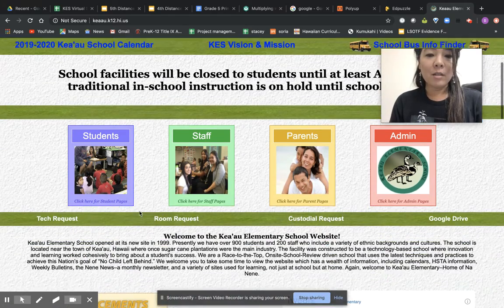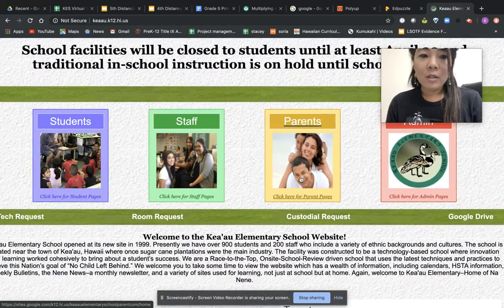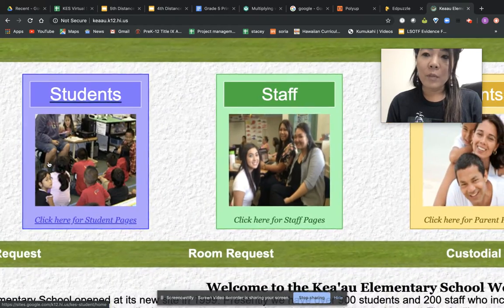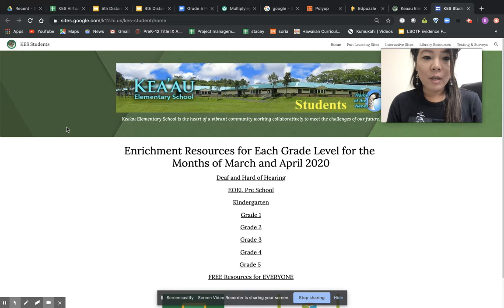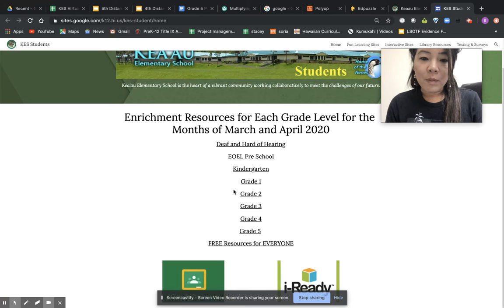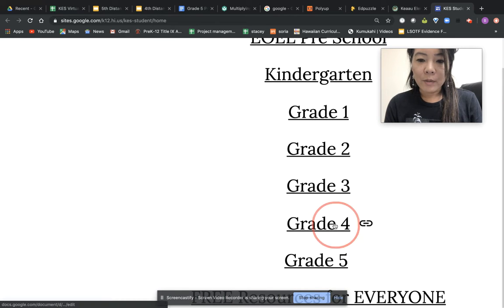You can access all of our information on either the parents page or our student page. So I'm going to go ahead and click on our students page. And here you can see a site full of resources broken down by the different grade levels. We're going to click on grade 4.